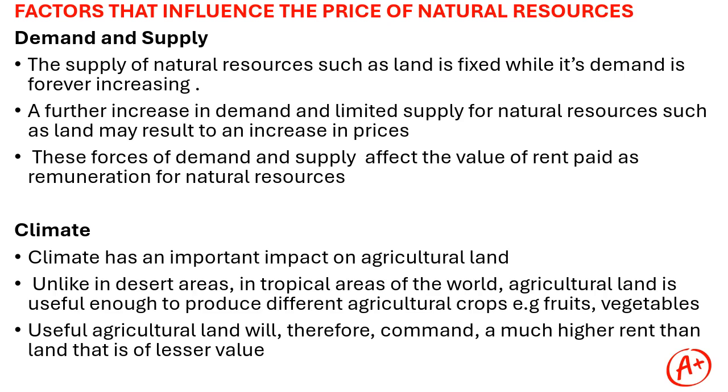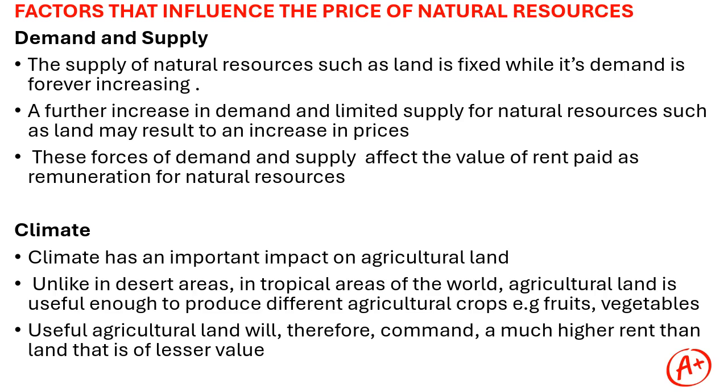So the useful agricultural land will therefore command a much higher rent than land that is of lesser value. And what does this mean? It means that if you want to plant oranges and you are in Saudi Arabia, and I also want to plant oranges, and I am in South Africa, the rent that will apply to both of us will not be the same.